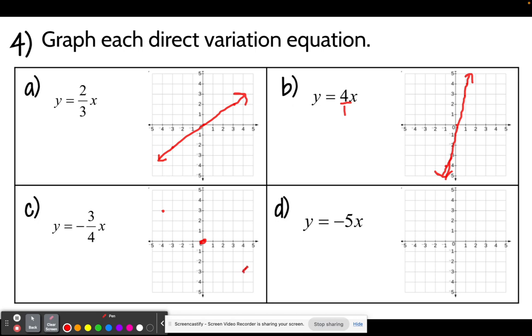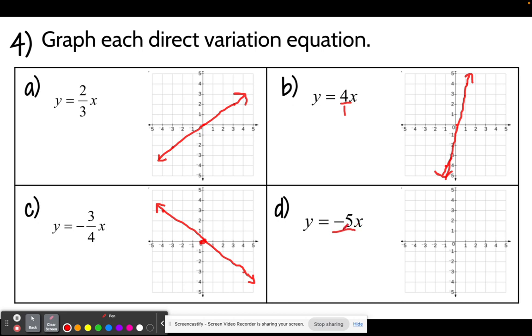As long as one is positive, one is negative, you will get your nice negative slope here. Oh, I was doing so well, and then I got a little bump there. And that will be my graph of negative 3/4.